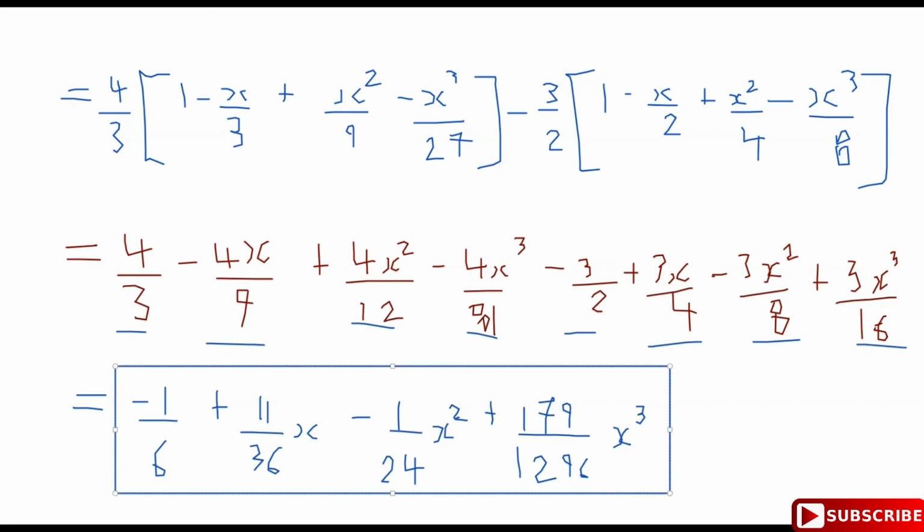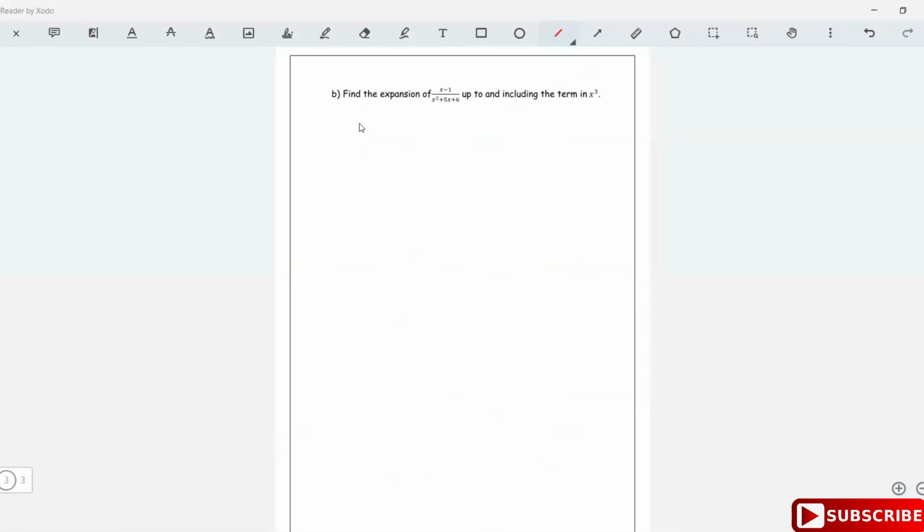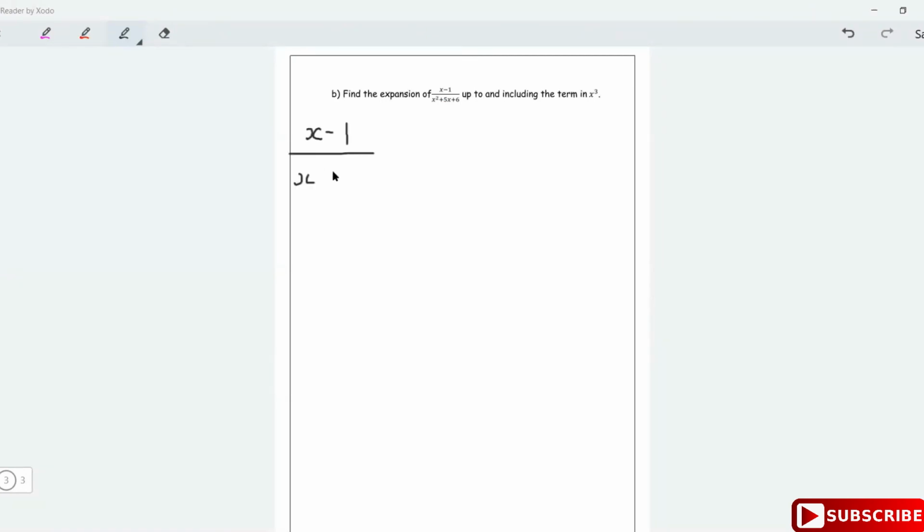So let's go ahead and do that. Let's just write it down. We saw that when we expand it, just to write it roughly on the sheet, we found that x minus 1 over x squared plus 5x plus 6 works out to be minus 1 over 6.